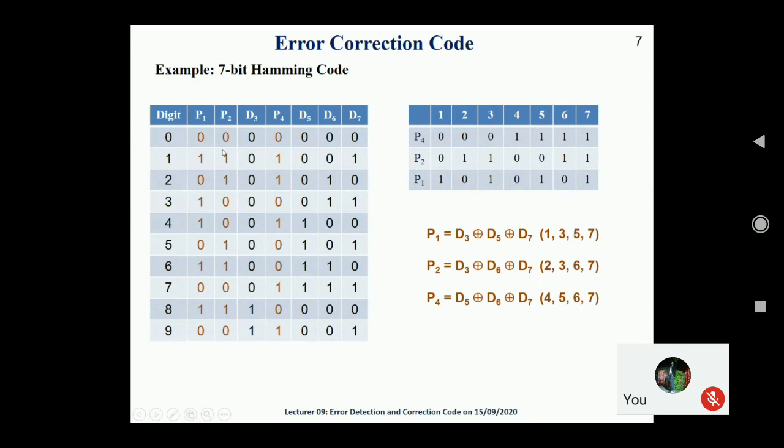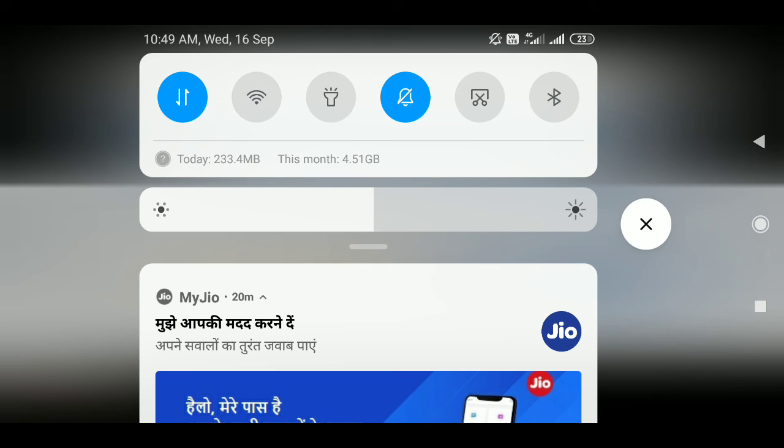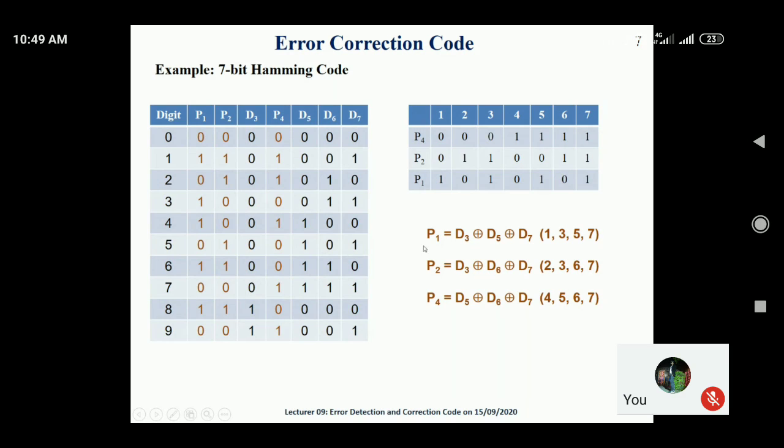And for 5, how can you compute P1, P2, P4, or how many other parity bits are required? How can you construct this table when data bits are 5 instead of 4? Next class you can show me the presentation. You can prepare one slide this way and keep it with you.